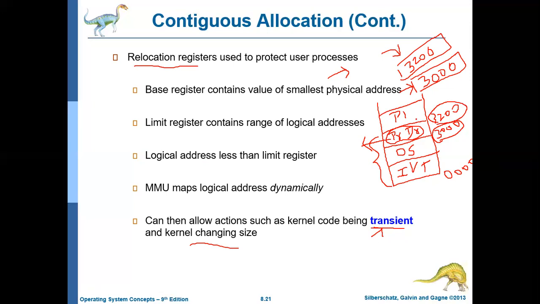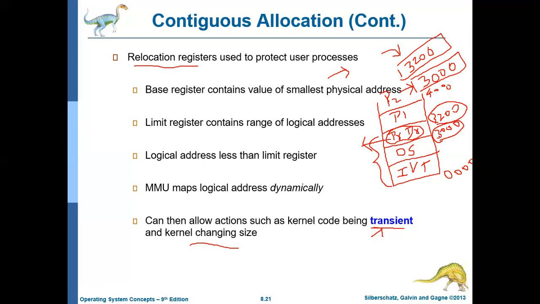If the base register content of P1 changes, then obviously P2 will also change, right? Are you getting it? So if P1 is stored from 3200 to 4000, then if the operating system ends at 3200, P1's base register will be 3200 and P2's base register will be 4000.